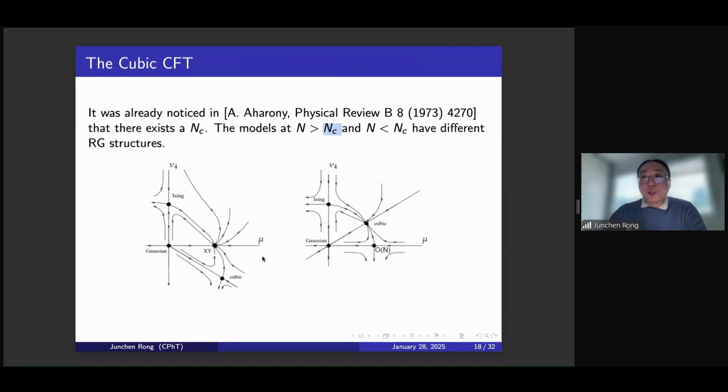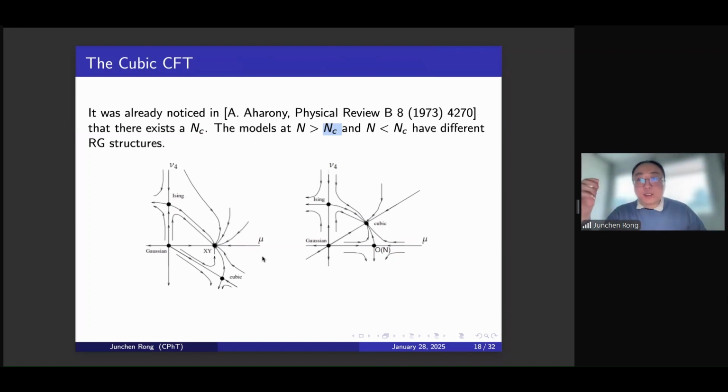What are the actual calculations here? You calculate the beta function. You do epsilon expansion. You find the fixed point. You then calculate the Jacobian, another derivative with respect to the coupling. This forms a Jacobian. And then you look at the stability, the eigenvalues of this Jacobian, either at the cubic fixed point or at the O(N) fixed point.